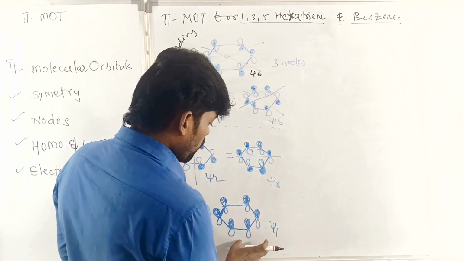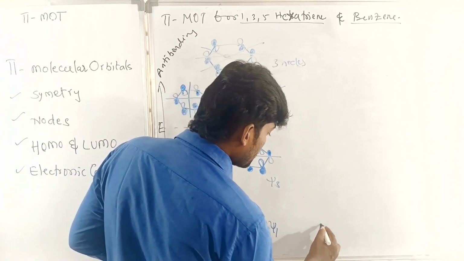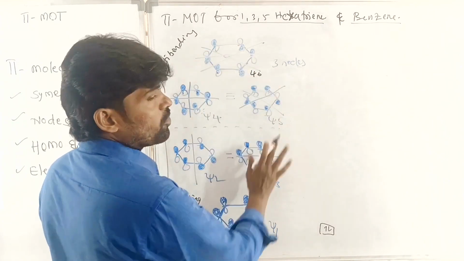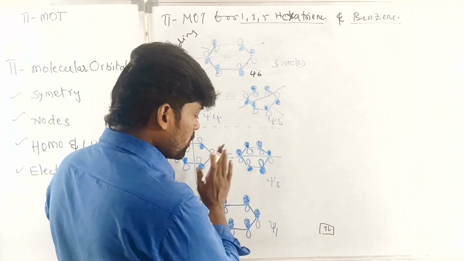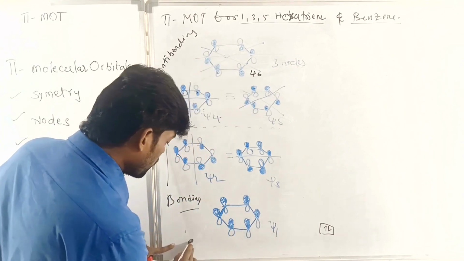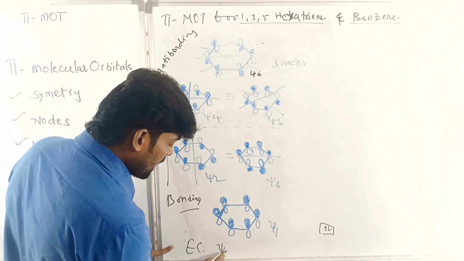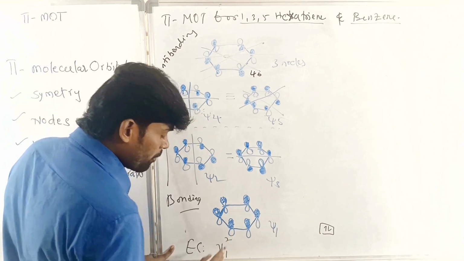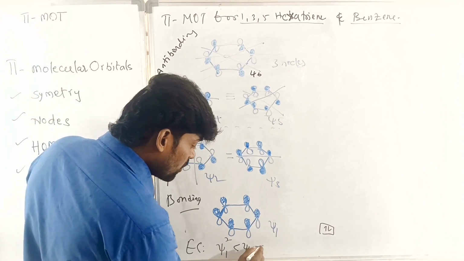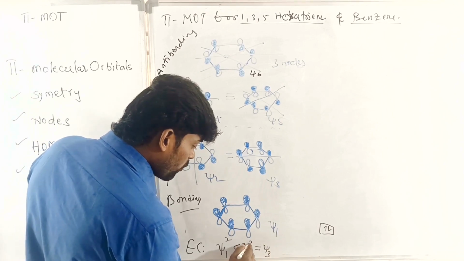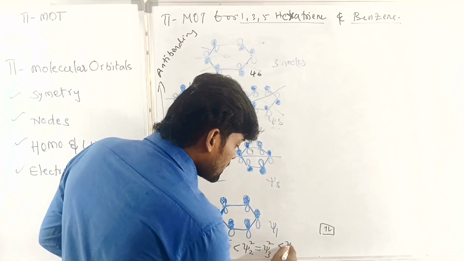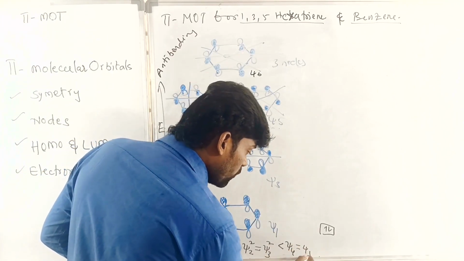Now we have to write, see, how many electrons are there? 6 electrons are there. 6 pi electrons are there. Those 6 will fill according to the electronic configuration. Psi 1 will be occupied with 2 electrons, less than psi 2 equals psi 3. Both of them will be occupied with 2 electrons, less than psi 4 equals psi 5.